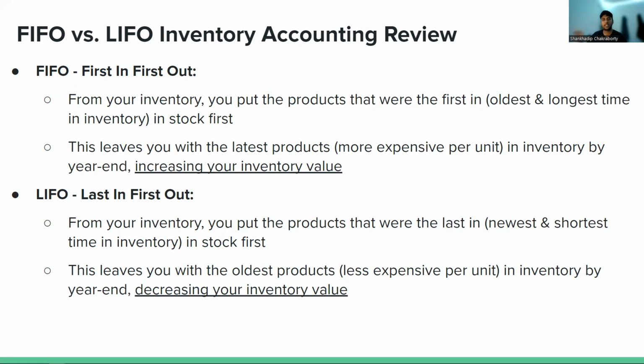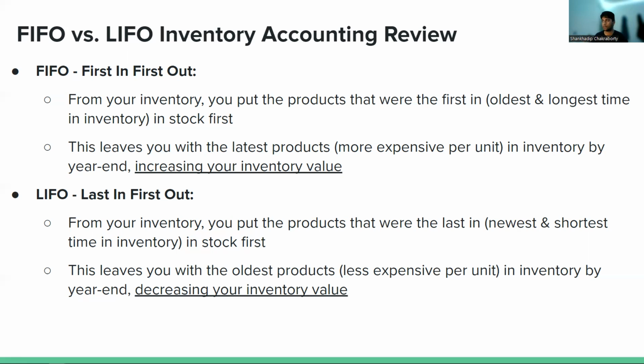What this means is, because of the time value of money, because of inflation, because of rising costs over time, these factors all play into inventory costs rising over time. Inventory costs for plastic bottles 50 years ago, or even 10 years ago, really, were way lower than inventory costs for plastic bottles now because of rising costs, especially now with high inflation.